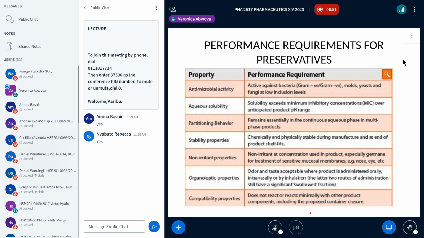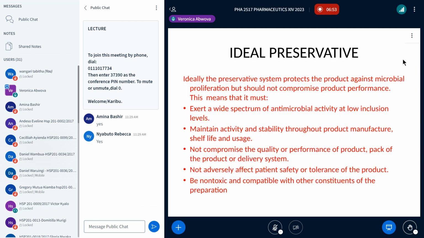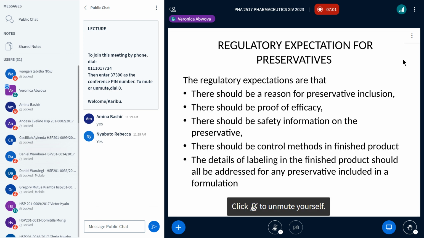And then last but not least, compatibility. We looked at that. We looked at the ideal preservative. Okay. What are the characteristics of your ideal preservative? Then we looked at regulatory expectations for preservatives. So there should be a reason for inclusion. Don't just add to mask your inadequacies. There should be proof of efficacy.